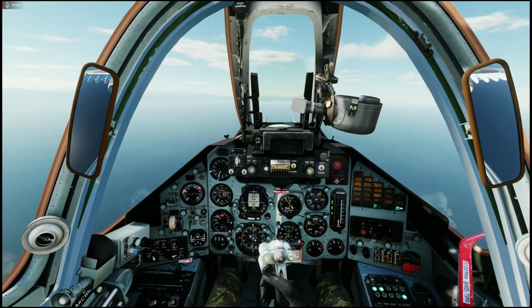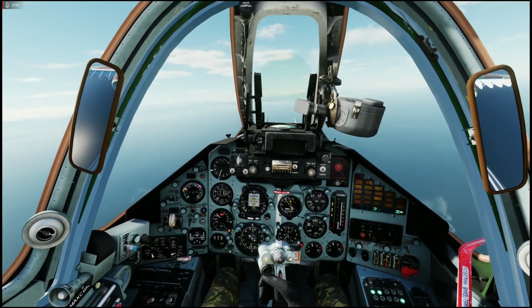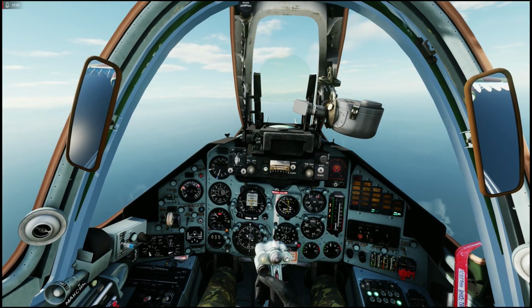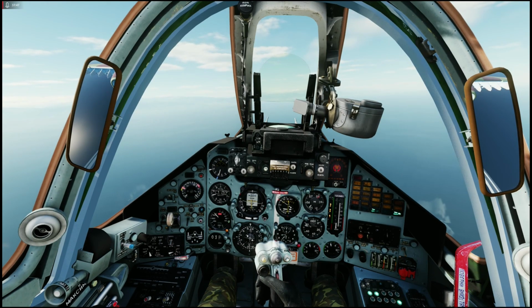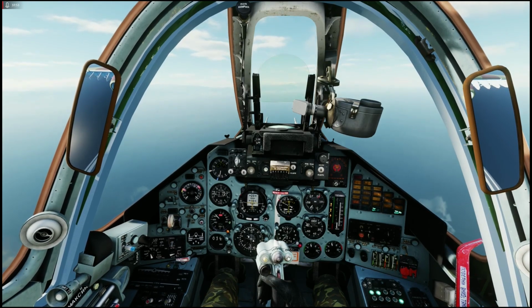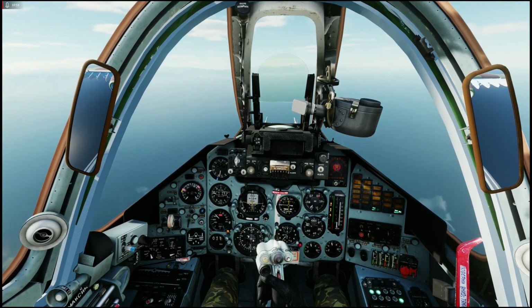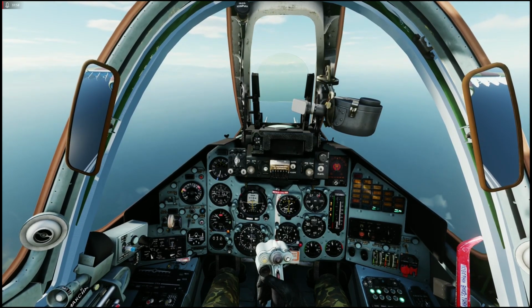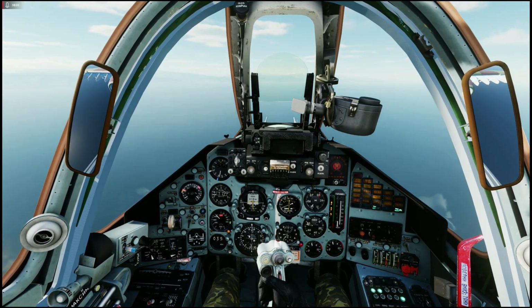And we still need to climb a bit. We need to come a bit to the right. 35 kilometers left. And almost at the altitude, I would say roughly 1800.